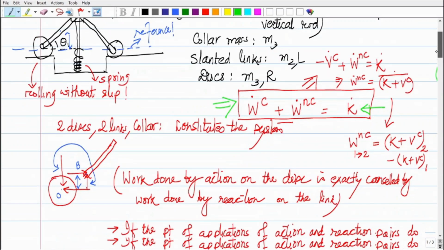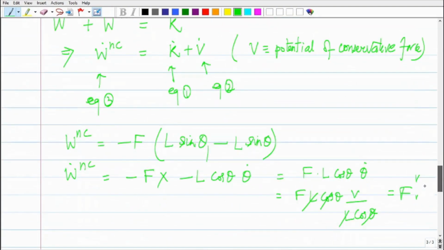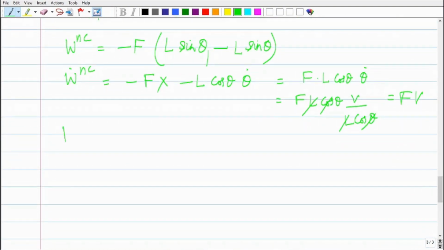So therefore I said we are missing a minus sign. So W dot NC is simply minus of F into V.